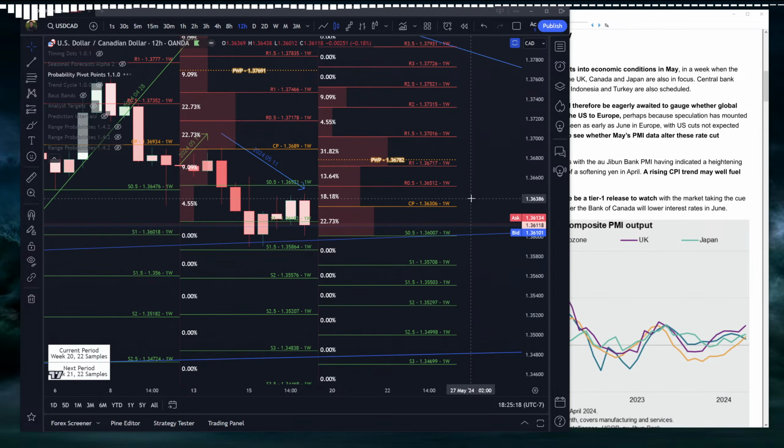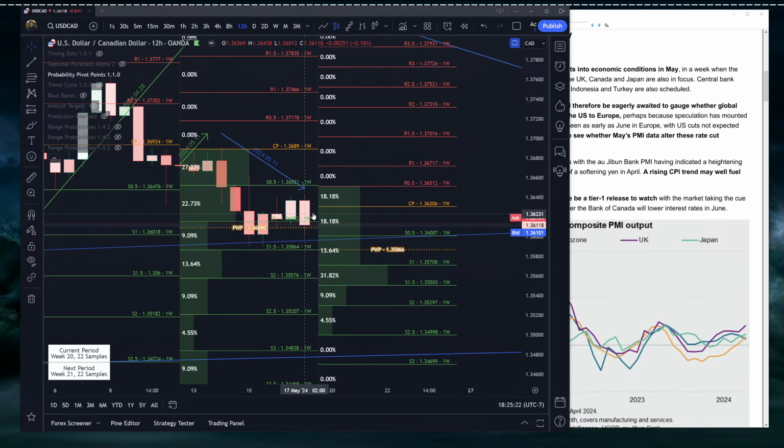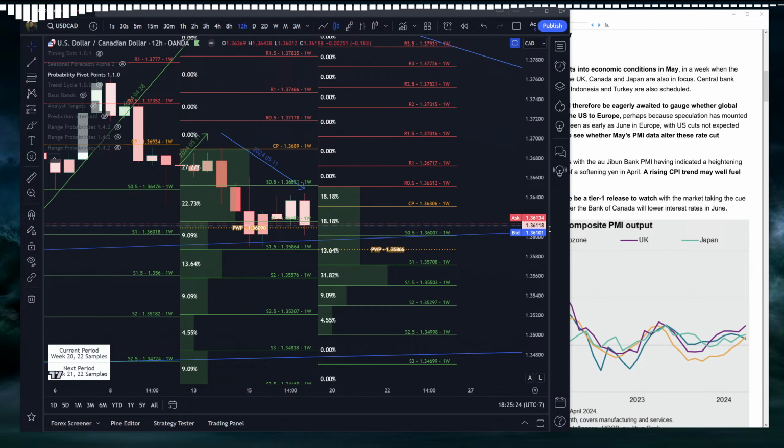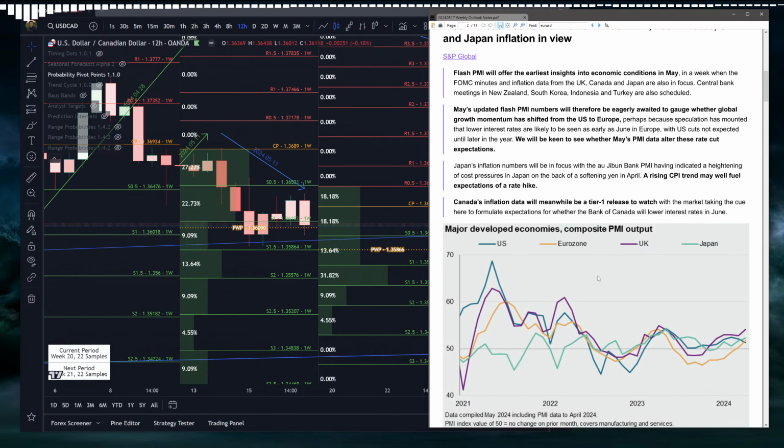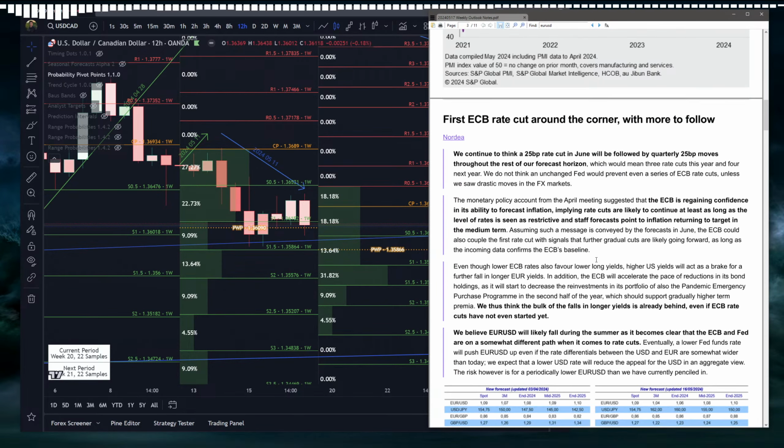And I wouldn't be surprised that the yield spreads are weakening here, frankly, because the expectation is, hey, inflation in Canada comes in soft, and that makes it easier for the Bank of Canada to continue lowering interest rates.